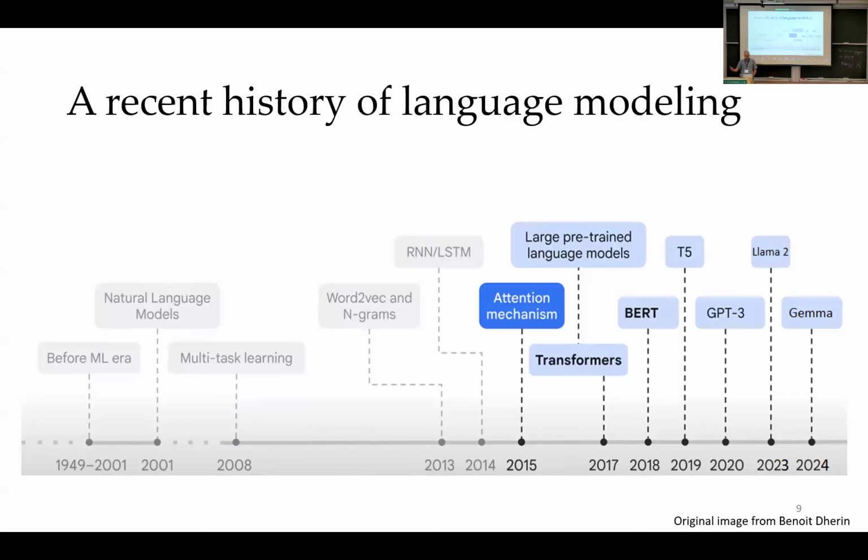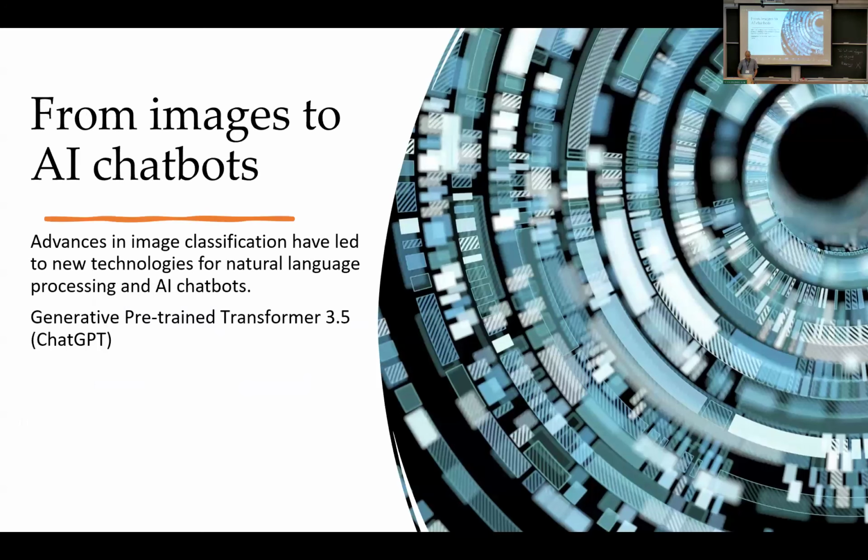And then in 2023 we had Llama 2 from Meta, and then Gemma from Google. I suppose that you might have already tried some of these models. So let's go to the next slide.